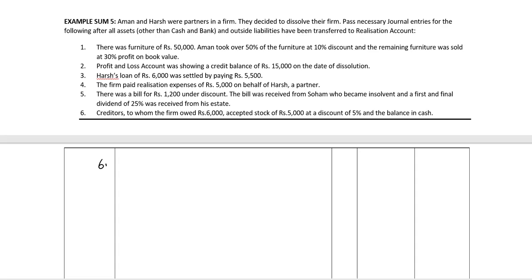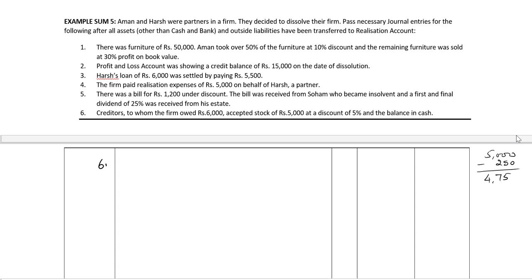Sixth, last question. Creditors to whom the firm owed 6,000 rupees accepted stock of 5,000 rupees at a discount of 5% and the balance in cash. So, creditors taking over asset against payment of dues, there will be no entry. But for the amount of payment of cash to the creditors, we will pass an entry. The rupees 5,000 stock has been taken over at a discount of 5%, or in other words, discount of 250 rupees.